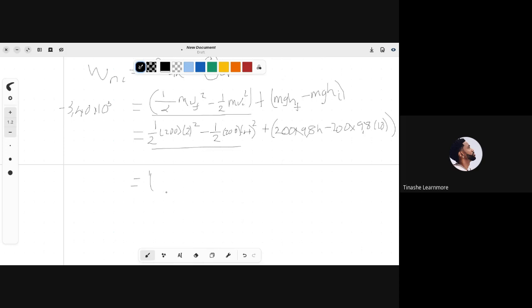What is the kinetic energy equal to? What does the kinetic energy give us? So is it negative 1,200? Yes, we get a negative 1,200.